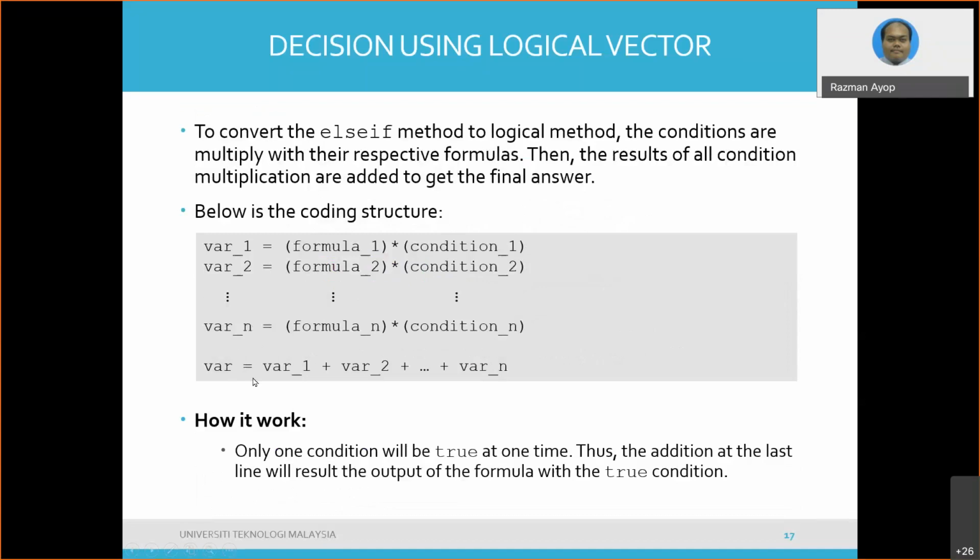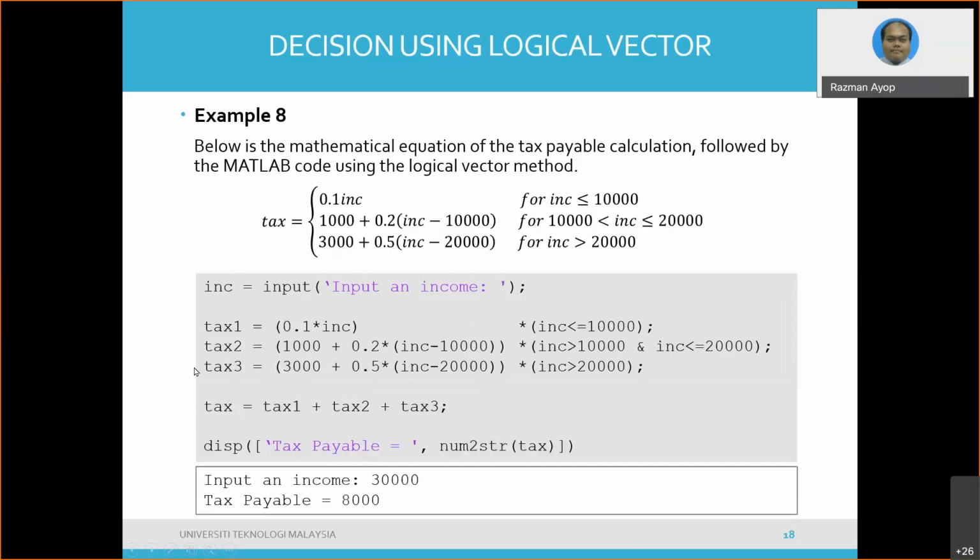And then you just add it. So how to do this? Remember this is the formula, from the table. So just use this. So tax one is this formula, the statement, and then multiply by the logic: income is less than this.